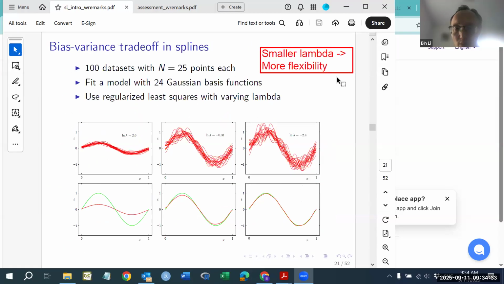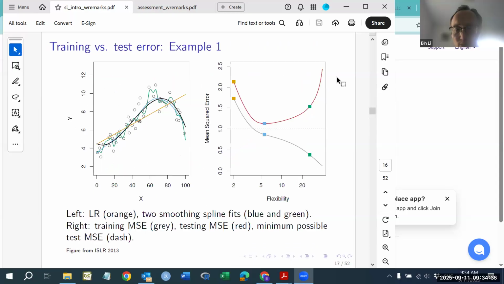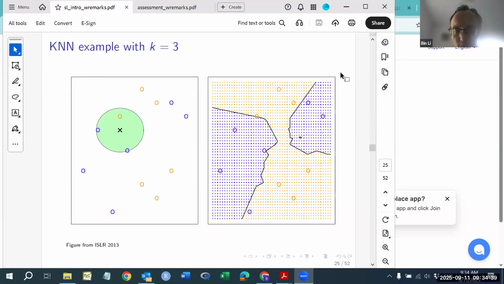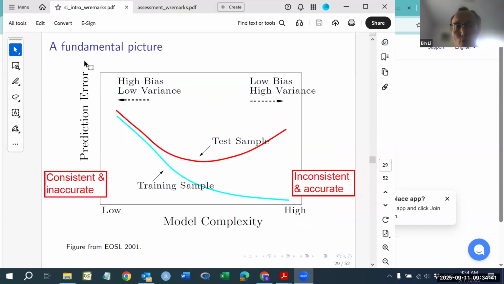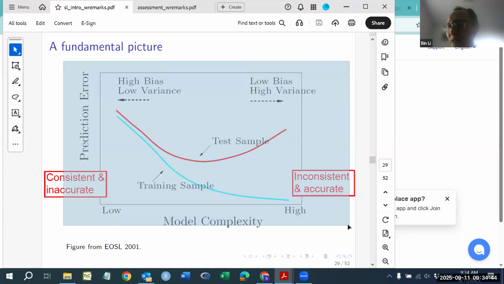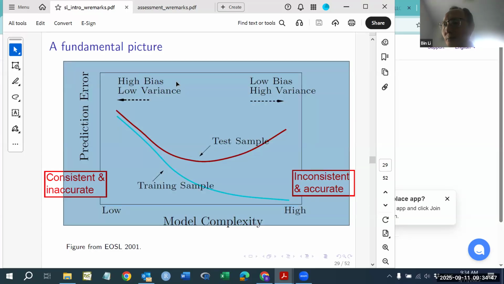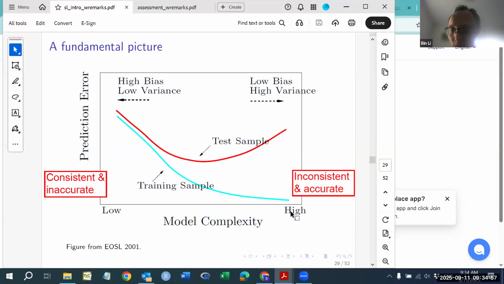The main point of this simulation is that I want you to still remember this fundamental picture. When we have a high model flexibility, the model is complicated, like a polynomial with order equal to 10, that's more flexible.